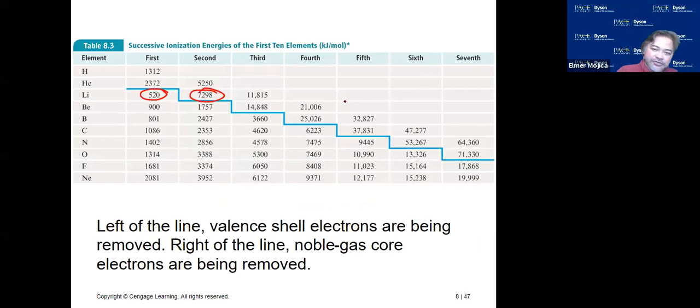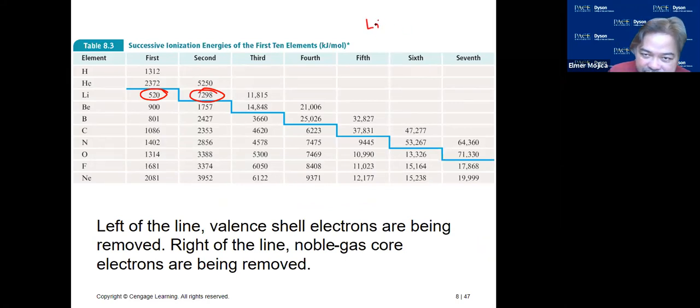So if you're going to look at lithium, what's the electron configuration of lithium? You have it like that. So if you remove the first one, it just becomes 1s2. Now, in removing the second electron, what can you say about this? This is similar to helium. So this is a very stable condition.